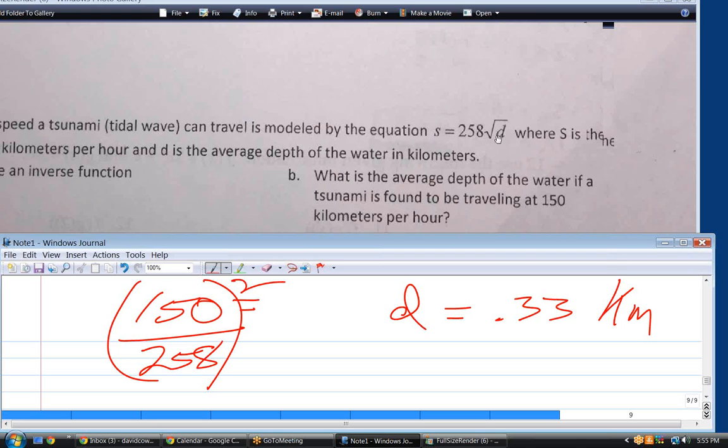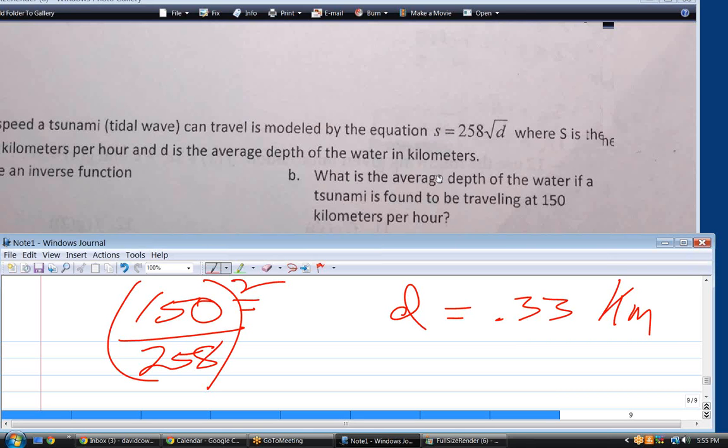So as D gets smaller and smaller, S gets faster and faster. Okay, so you have a tidal wave that may be moving. No, I got that wrong. As D gets smaller, S gets smaller. There's a direct relationship there.